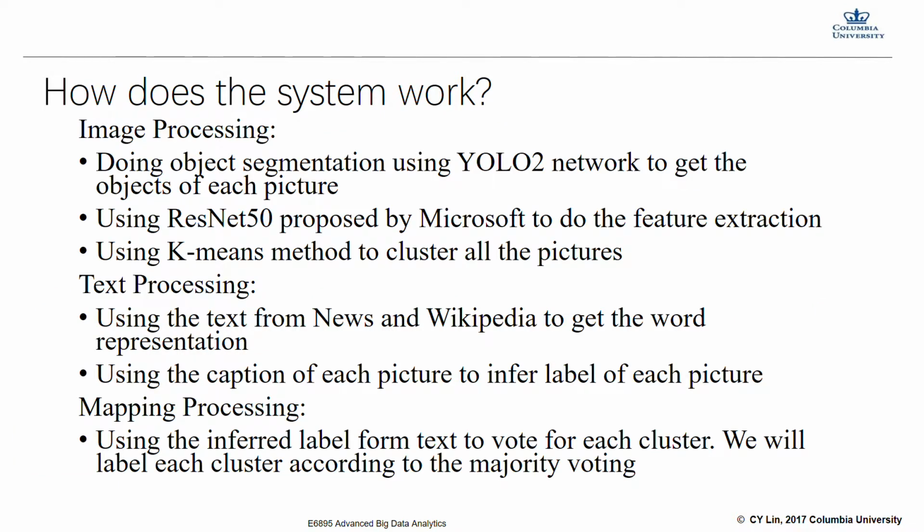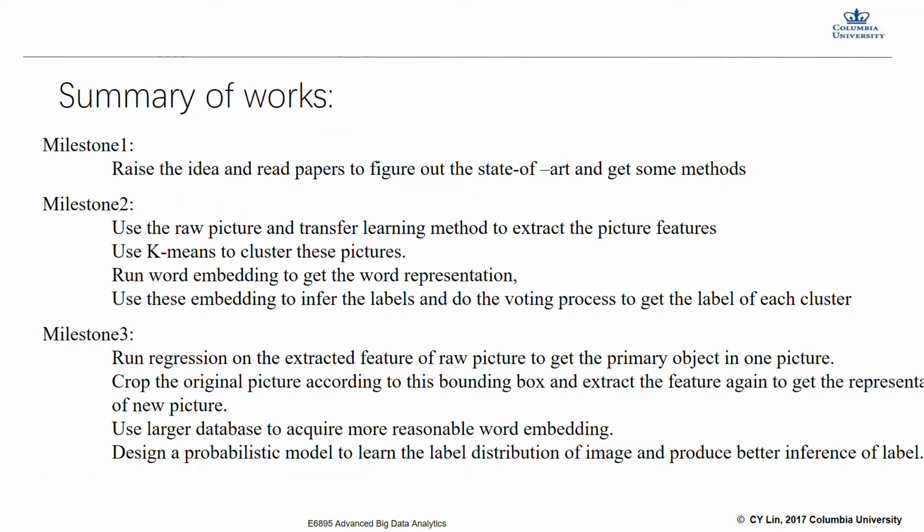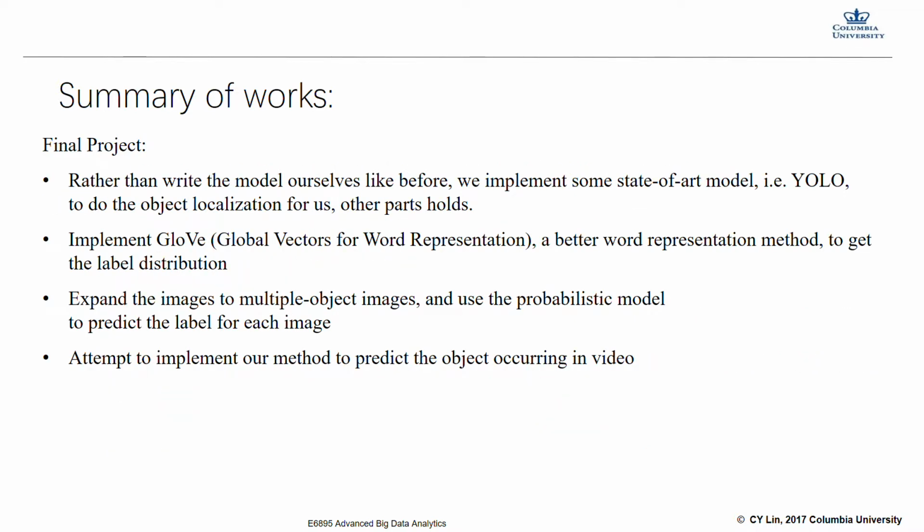And this is just some details. We can skip them. It's a summary of the previous work. In our final project, rather than just writing the model ourselves like before, we implement a state-of-the-art model, that is YOLO, which is regarded as really fast and useful in dealing with videos. And in the description part, we implement Global Vectors for word representation.